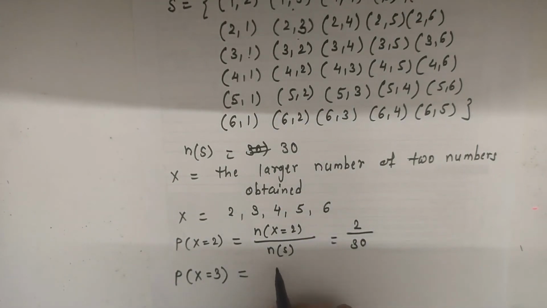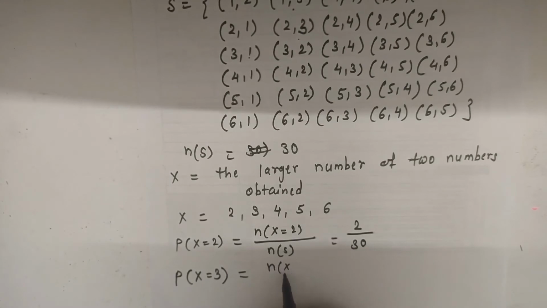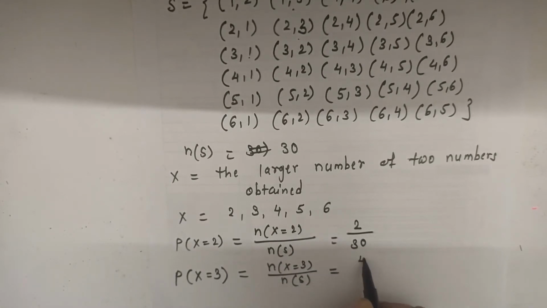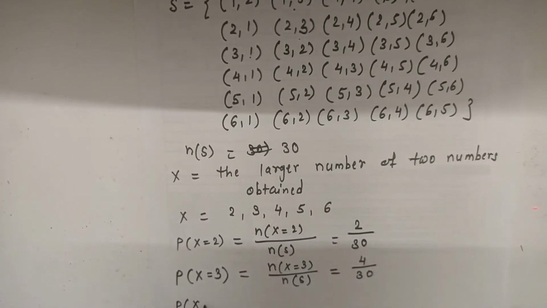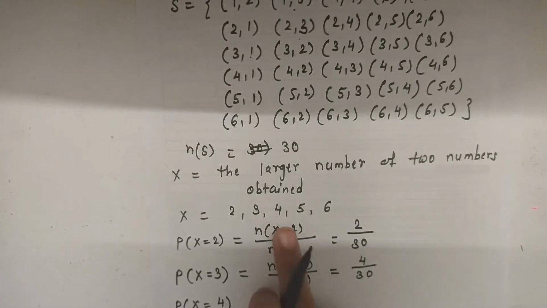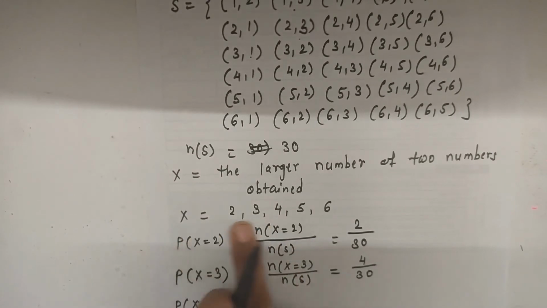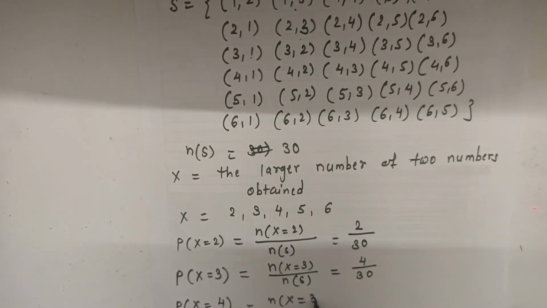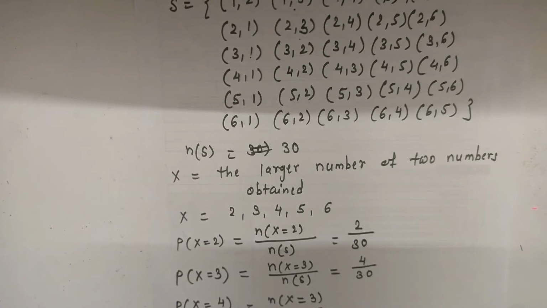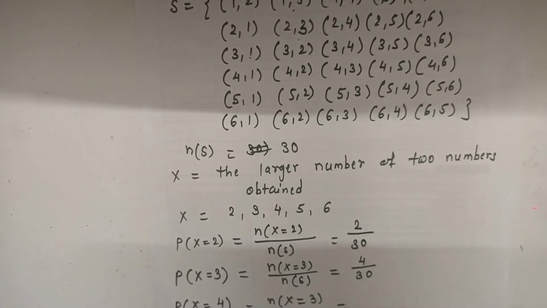So we can write the probability as 4 upon 30. Now the probability of x equal to 4, the next possibility. So the number of outcomes for x equal to 4 upon the total number of sample points.